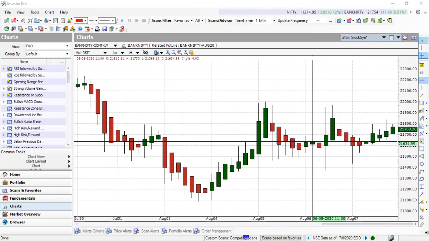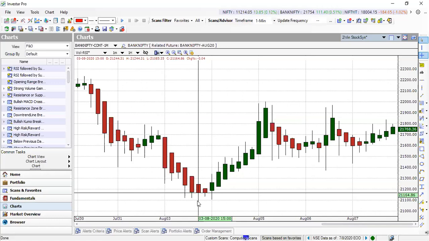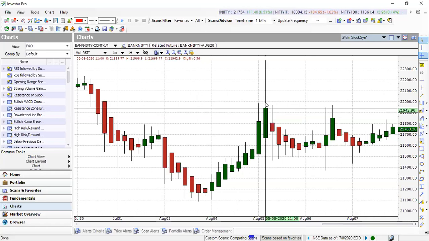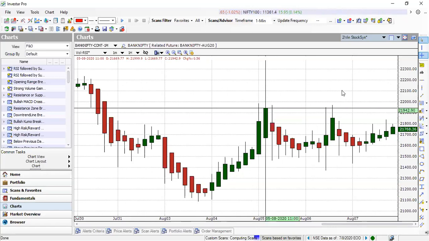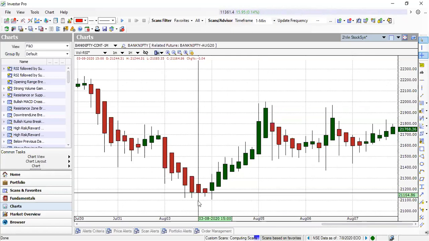You can check it. The 3rd August lowest level is there. It is 21,100 and the highest level is nearest to 22,000. Whenever this line breaks upside, we can choose the fresh movement, and whenever it breaks downside, we can take a fresh movement toward the downward.